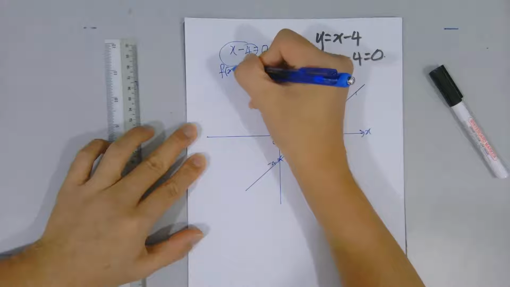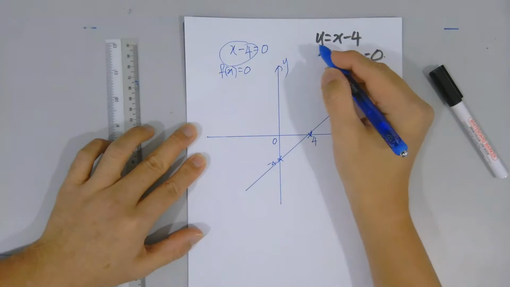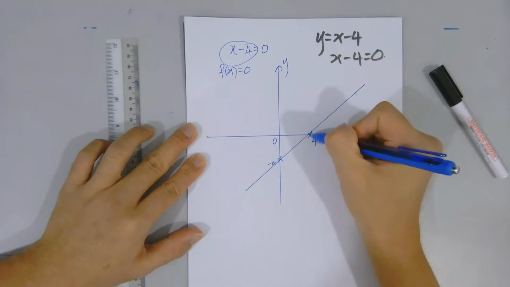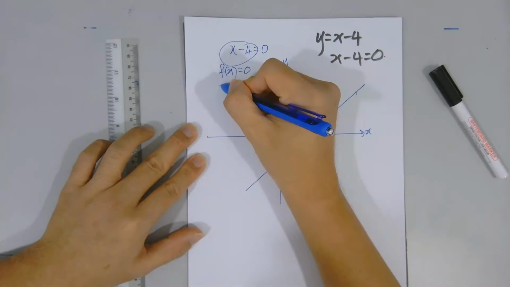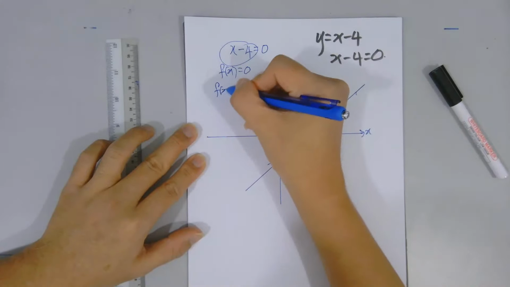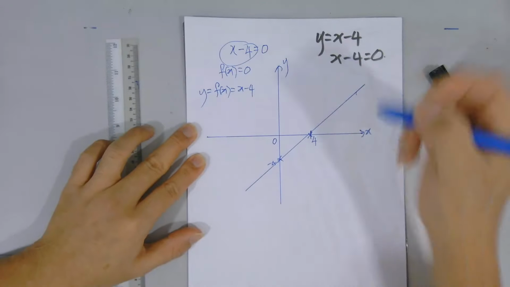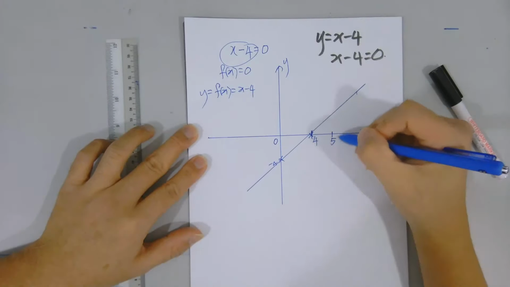To solve, I know that f(x) will be 0, it's actually y. So I want to find the value of x such that it's 0. The x value that gives 0 will be 4. 4 will be the root, right? So f(x) equals x minus 4, or it's actually the y value here.